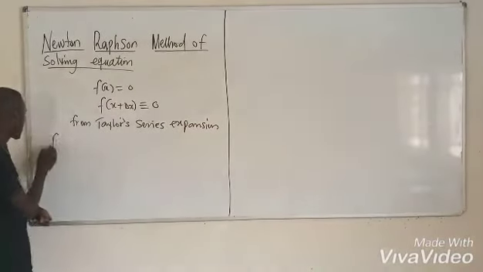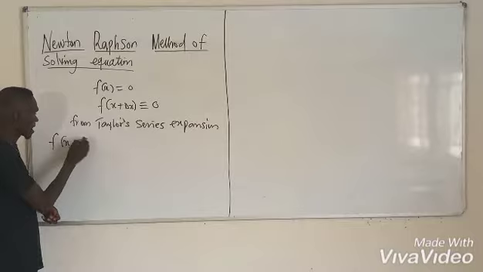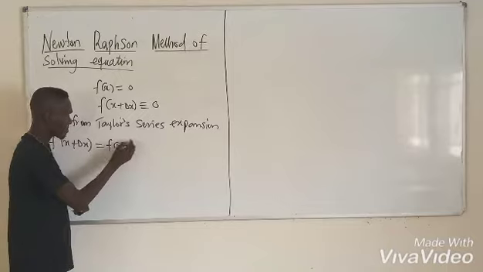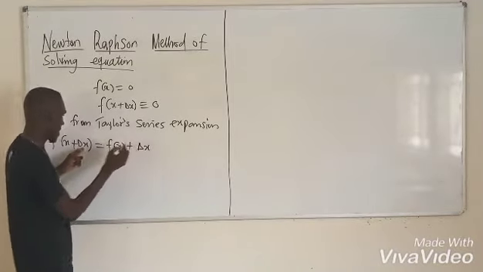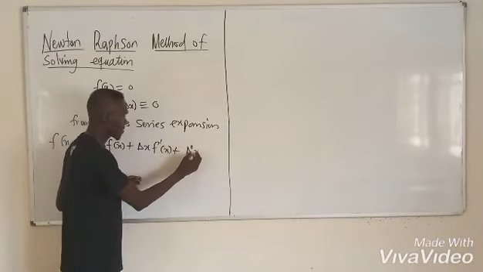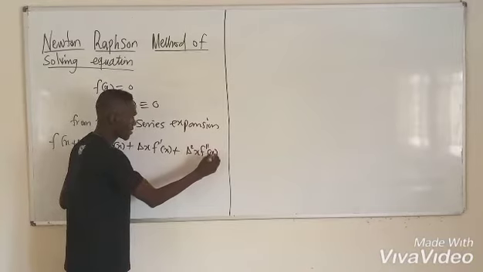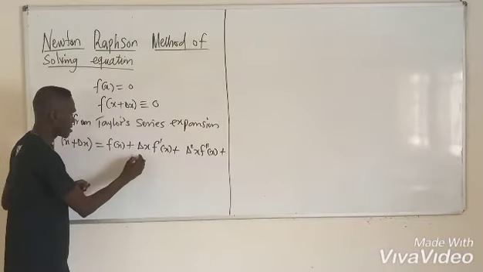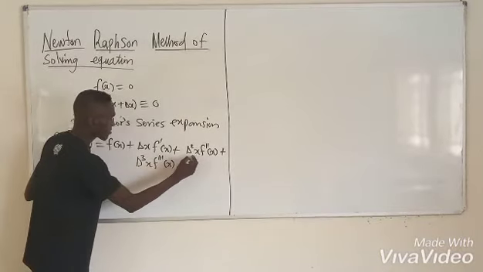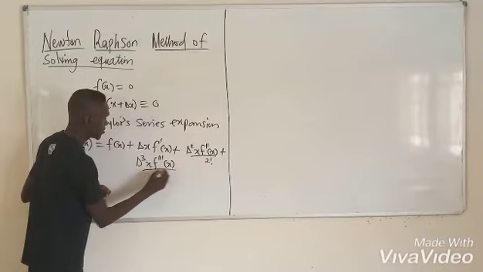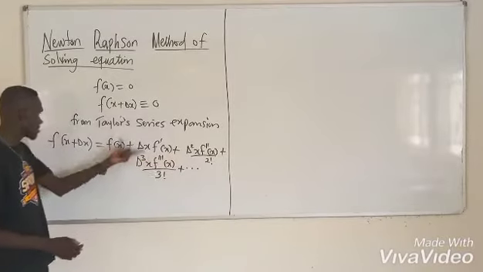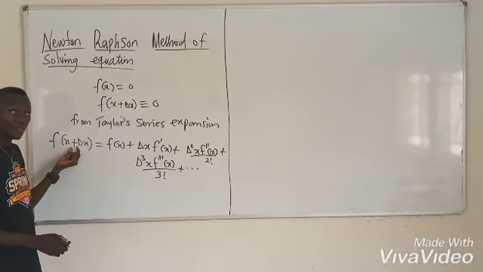We have f of x plus delta x is equal to, firstly, the function, which is f of x, plus the change, which is delta x, f prime of x, plus the second change, that's delta x square, f prime prime of x, over 2 factorial, plus we get the third, which is delta x cube, f prime prime prime of x, over 3 factorial, plus the rest. So this is the Taylor's expansion for x plus delta x.